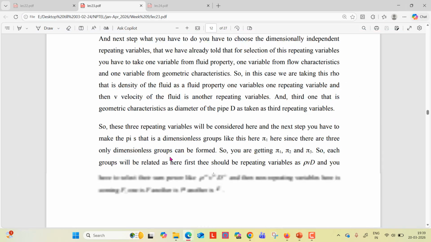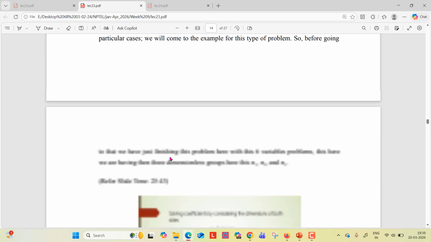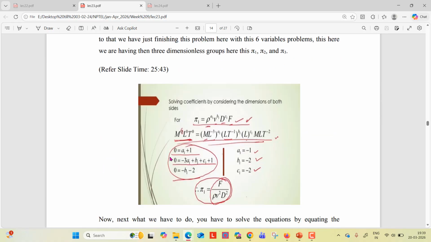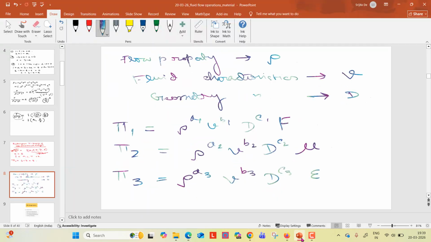Now we have to do the same thing. We have to take individual parameters, right? So for every group of non-dimensional parameters, we have to do the comparison between the powers, right?